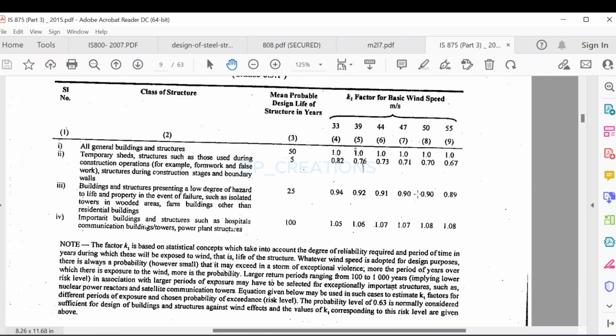So considering structure presenting a low degree of hazard, okay, so 0.9.